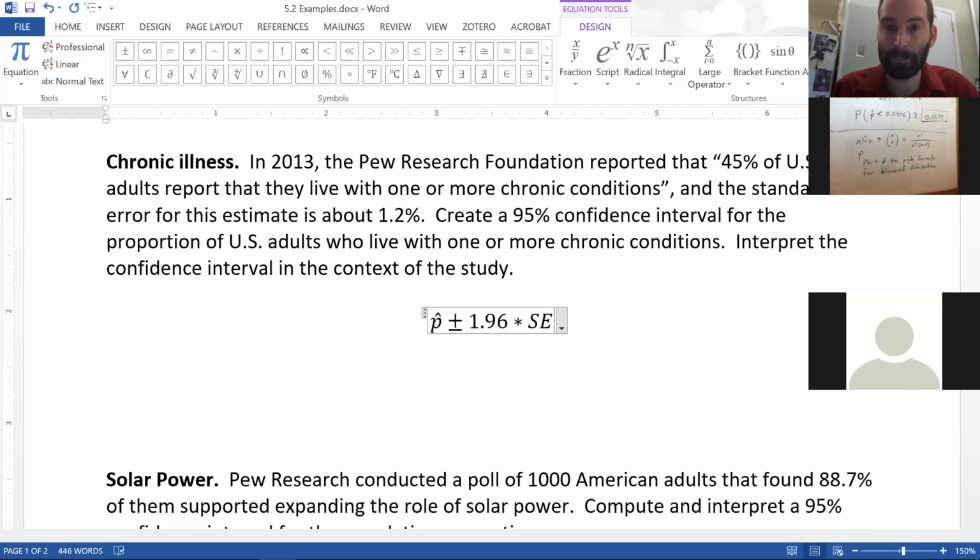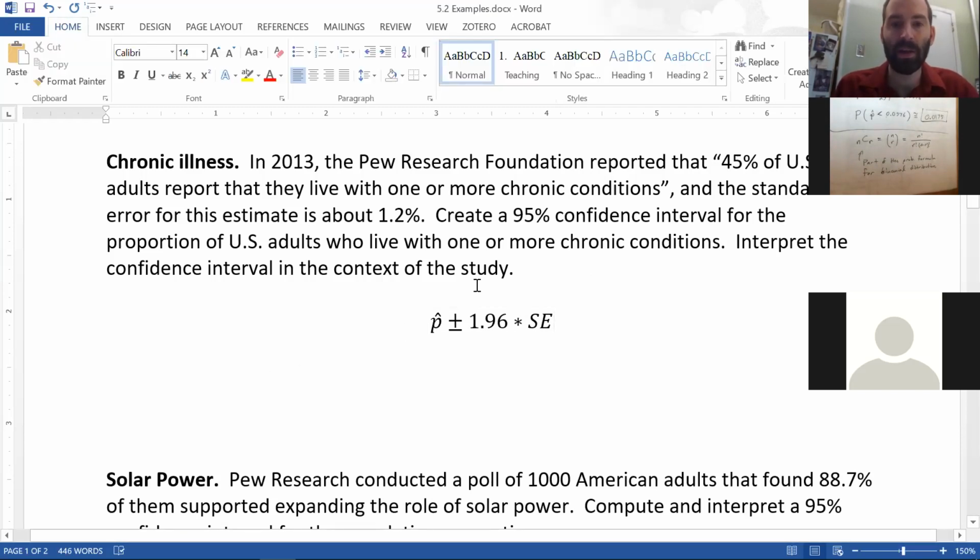Okay, that's how we're going to construct our confidence interval, right? Let's see, what's p hat? That's our sample proportion. Well, that's the thing that Pew Research Foundation reported. They took a sample and found that the proportion is 0.45 here. So our p hat is 0.45.